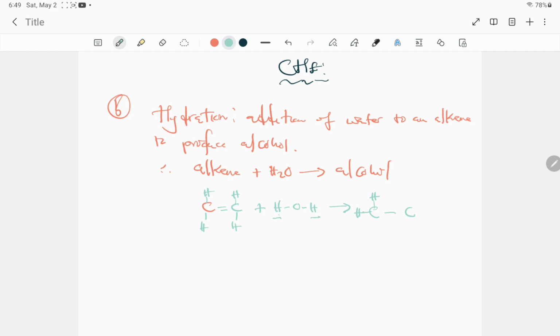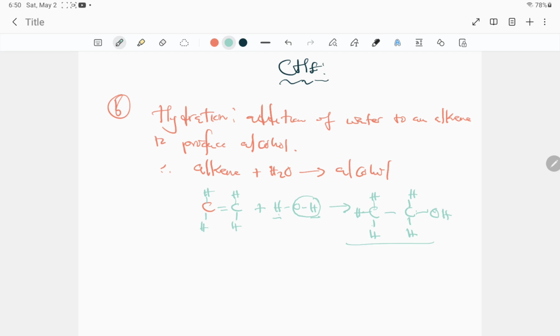This one will come here, then the other hydrogen here. Here you're not going to write hydrogen, leaving oxygen alone. This one goes as hydroxyl. So it will be like that. That's the same concept we are using.